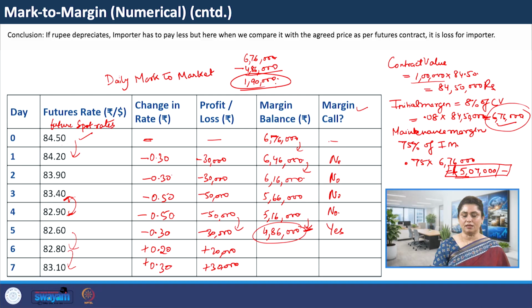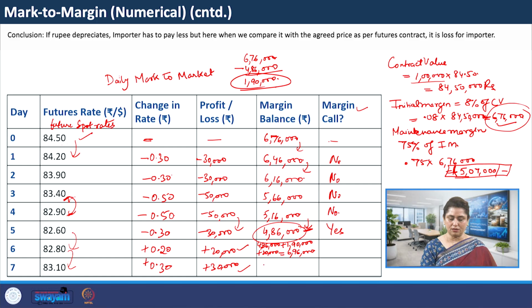This is the money that we are going to ask in the margin call to bring it back to the initial margin, and hence we will have 4,86,000 plus 1,90,000 plus the 20,000 that we have gained. So the total comes out to be 6,96,000. Now again there is an addition of 30,000, so here it is 7,26,000. This is the margin balance.